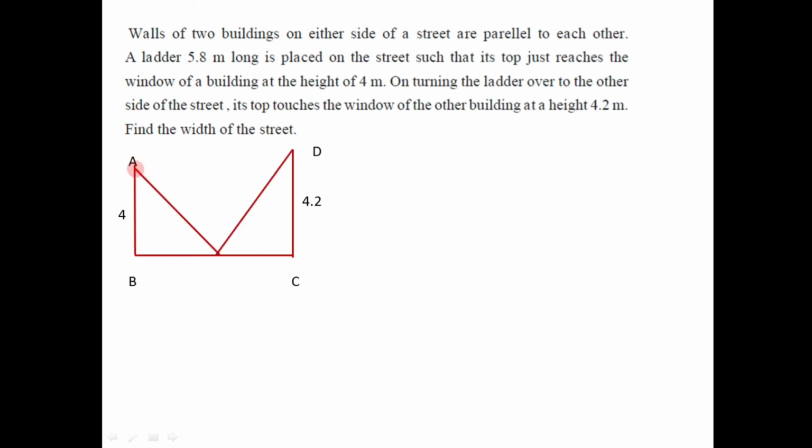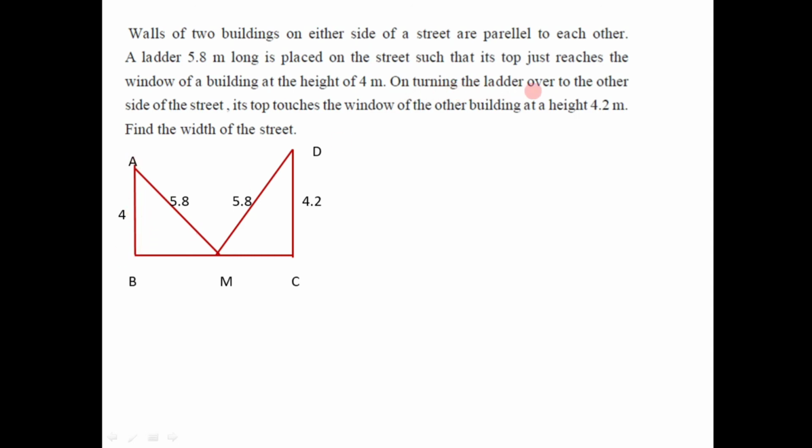So if we consider the ladder which is placed on the street, it reaches the window of a building at the height of 4 meters. Let us consider the ladder to be AM, which is 5.8 meters long.